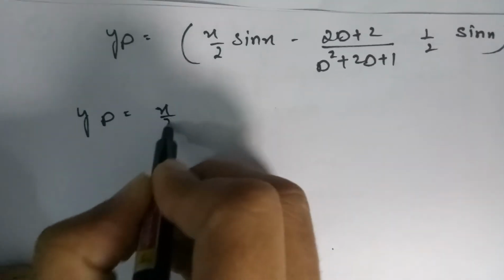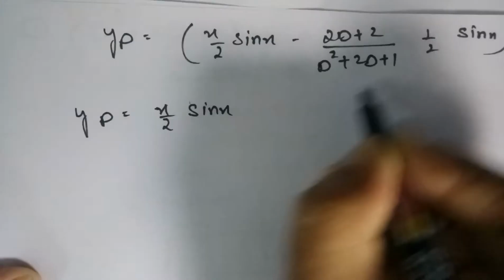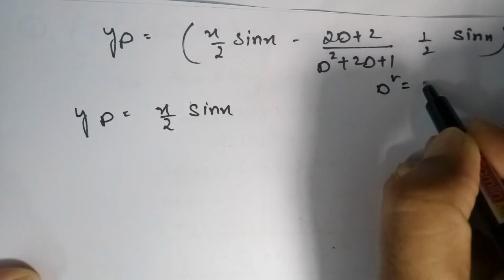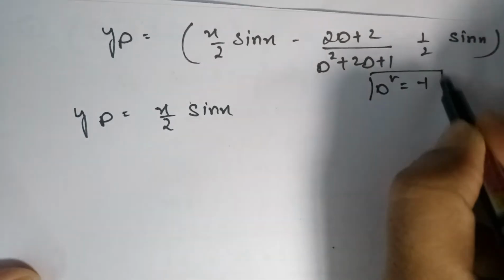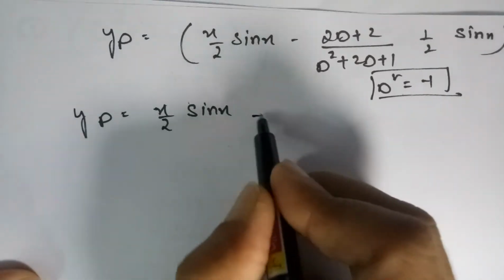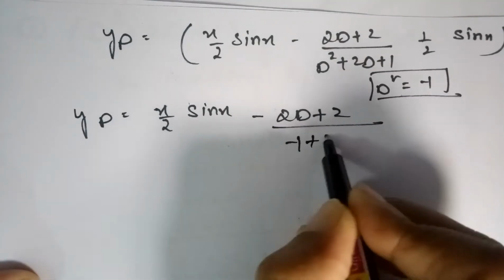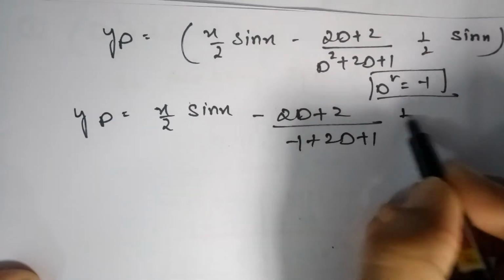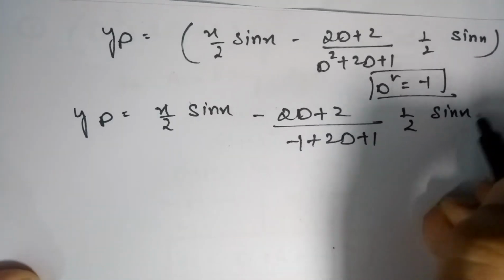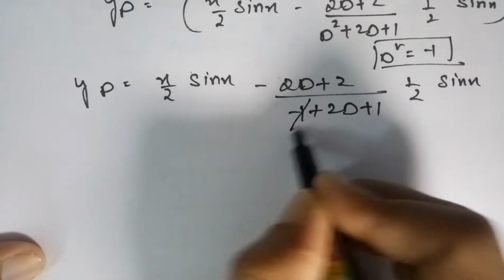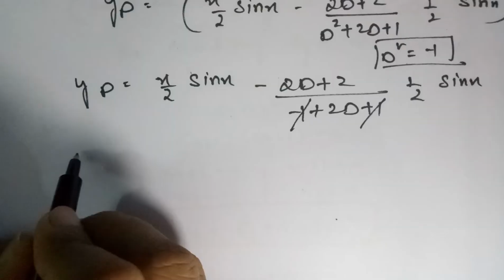So yp is equal to x by 2 sin x, and again here d square is there. In place of d square I have to write minus b square, minus 2d plus 2 by minus 1 plus 2d plus 1 into half times of sin x. Minus 1 and plus 1 got cancelled.